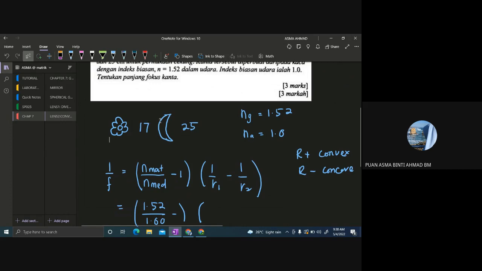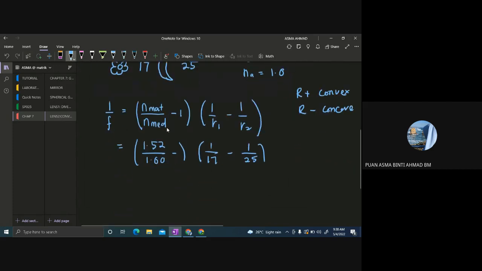For the second surface, from the object view also, it's a convex surface, so R2 is also positive. So 1 over 17 minus 1 over 25. Finally, we will get the answer as 102.16 centimeter.